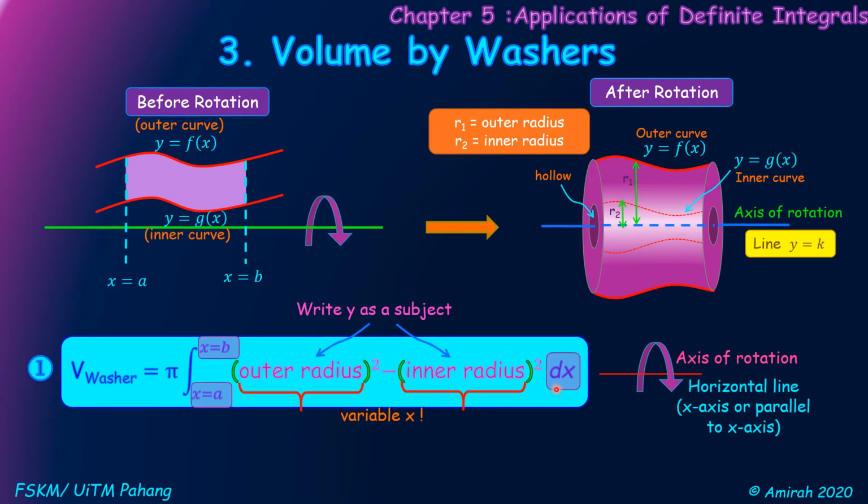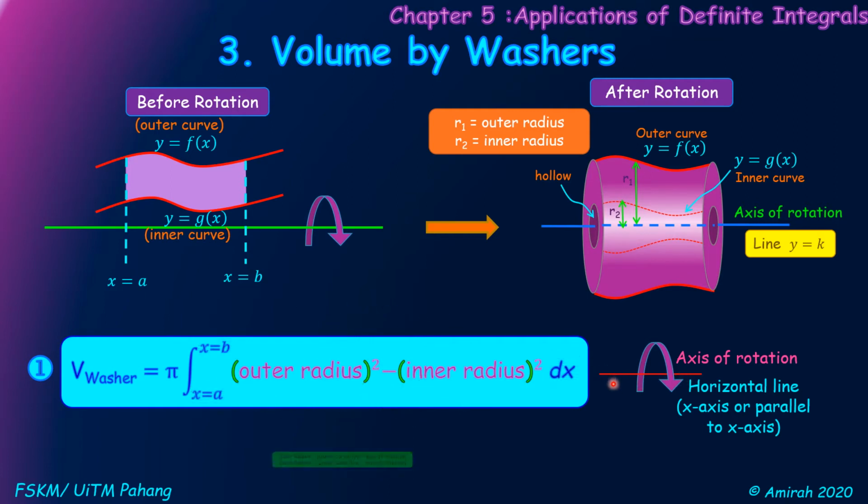And when we integrate with respect to x, we need to use lower and upper limits on the x-axis, and write all the functions in terms of variable x. To write in terms of variable x, we need to write y as the subject. This is the formula for volume by washer if the axis of rotation is a horizontal line.